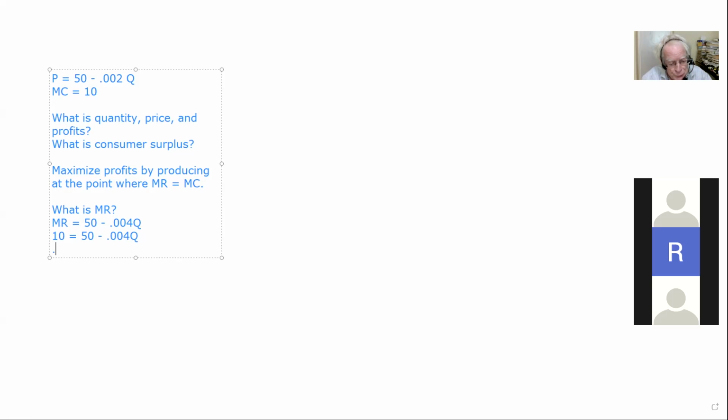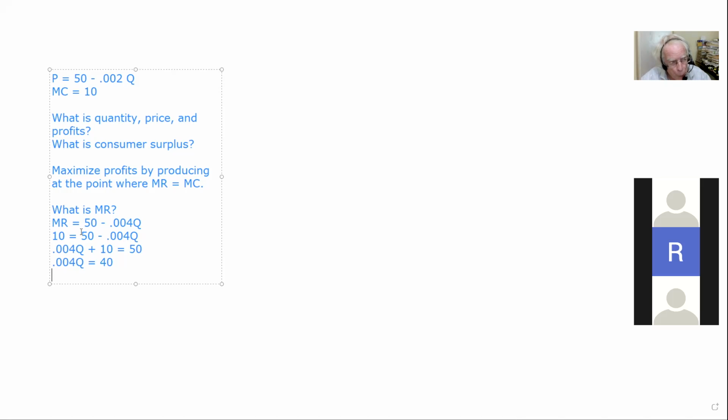So let's add the quantity term to both sides, and then subtract 10. Now notice that 0.004 is the same as 4 in 1,000.